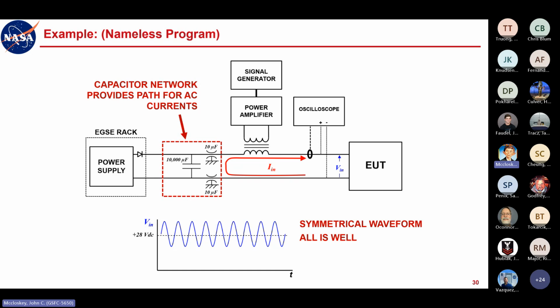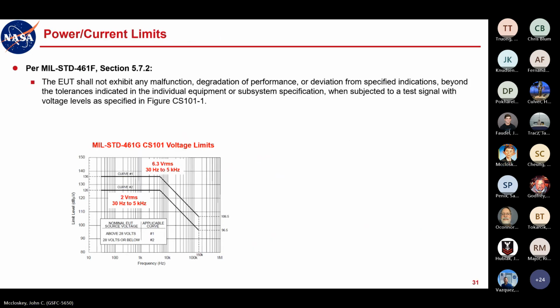Okay, now we'll keep moving. All right, so shifting gears a little bit here. The default, or the first thing you think about with CS101 is the voltage limit.